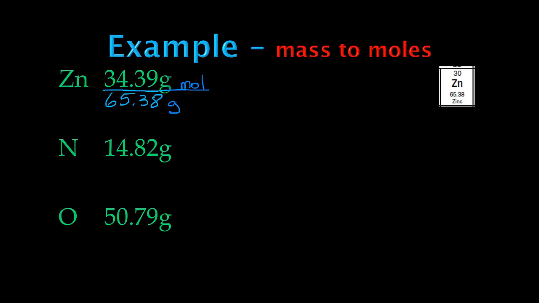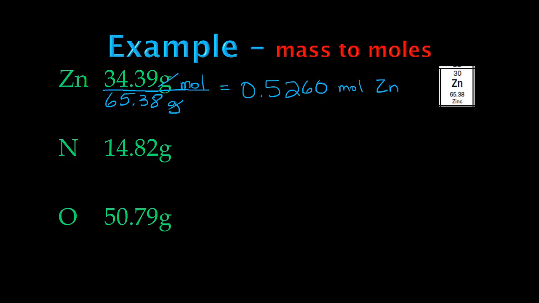If you notice here, this is grams per mole, and our grams cancel out and we're left with moles, which is what we want. And that is equal to 0.5260 moles of zinc. We need to leave 4 significant digits.